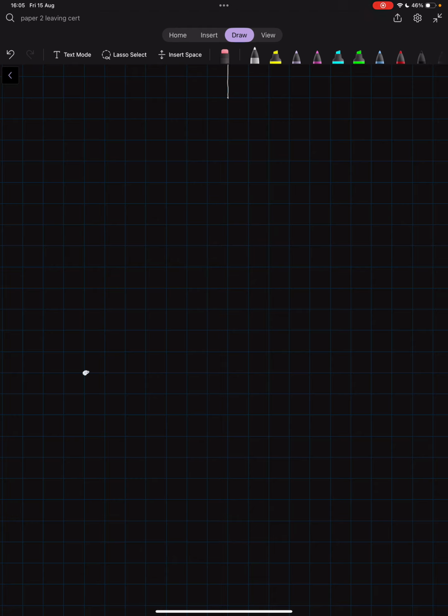Okay. Here is your object. So just a simple triangle. And the scale factor is 2. Okay. So what does that mean?